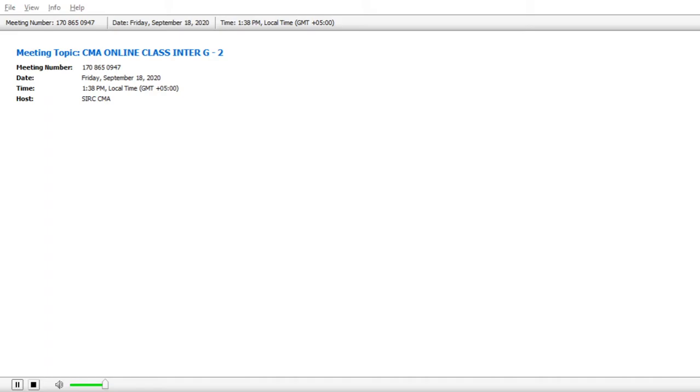So the point is, in case of loan, can you view the desktop? I'm not able to share my desktop.